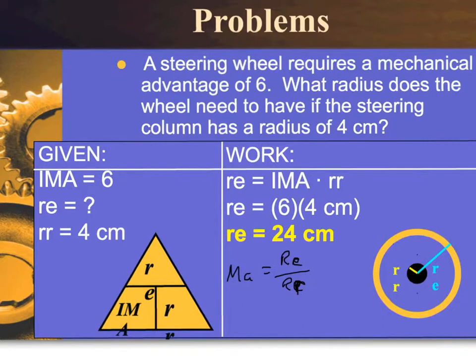From our problem, we know that our mechanical advantage is 6, our effort radius is our unknown, and our resistant radius is going to be 4. We're going to plug that information into our equation where we have the mechanical advantage being 6, our resistant radius being 4. Here we would have our x, and so we would have our 6 times 4 with our effort radius being 24 centimeters.